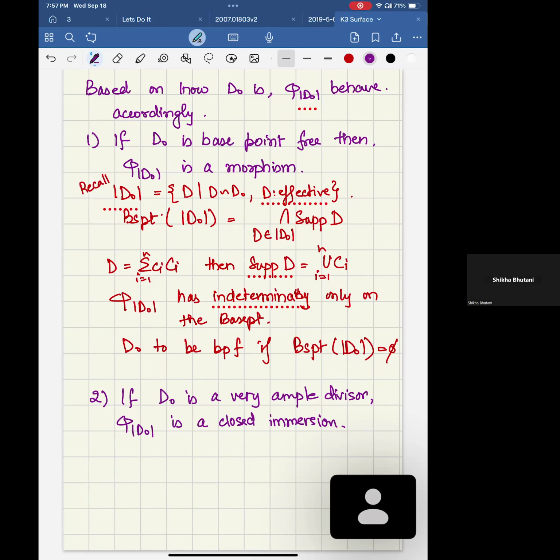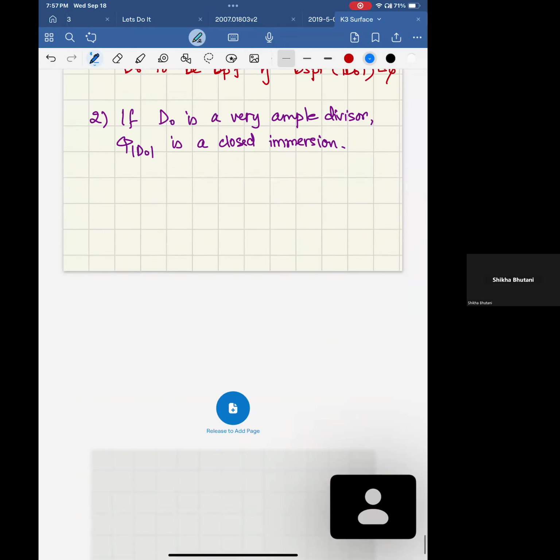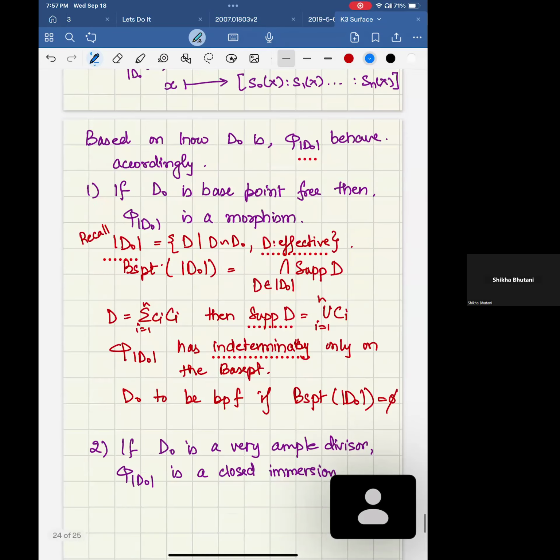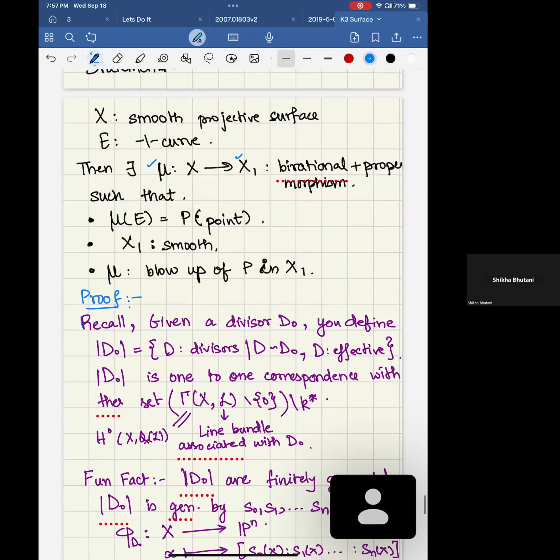good. So let's come back to the proof of the theorem. Recall what we were trying to do. We were trying to show this theorem over here, where X was a smooth projective surface, E was a -1 curve, and we wanted to show the existence of a morphism mu from X to X1, which is a birational proper morphism, and some good properties should hold: mu becomes a blow-up map, X1 is still smooth, and E is being contracted to a point.